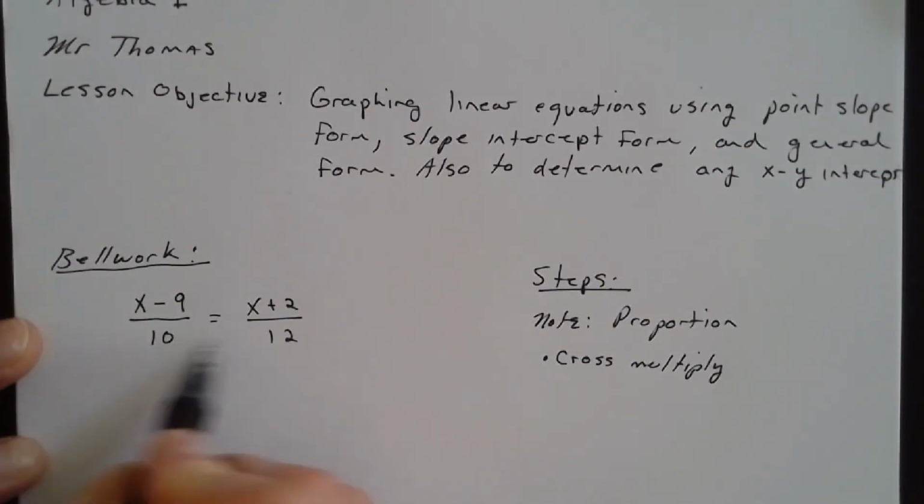And we're going to clear out the denominators, okay? So the first step we want to do is what? Cross multiply. By 10, so we want to get rid of the 10 first? Yeah.